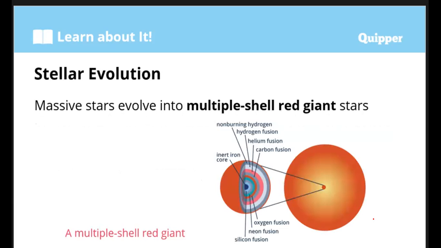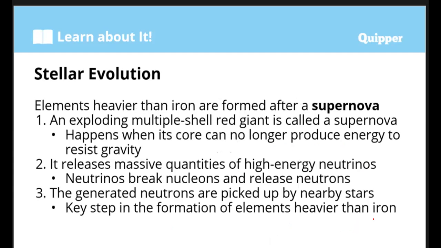And massive stars evolve into multiple shell red giant stars. And this is how the multiple shell red giant star is formed, with the different elements that are being absorbed. So in stellar evolution, elements heavier than iron are formed after a supernova.